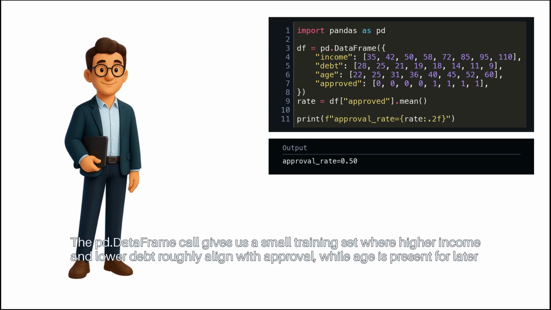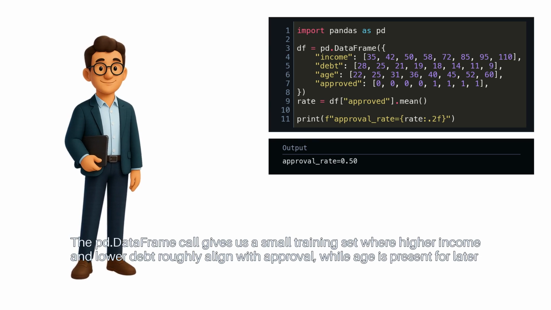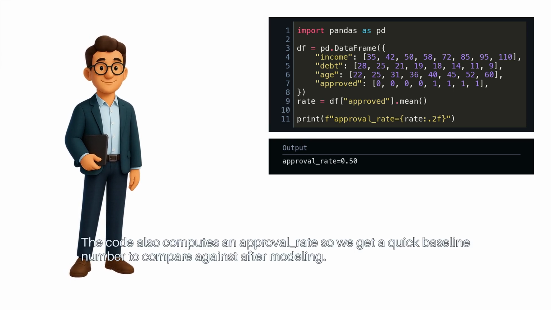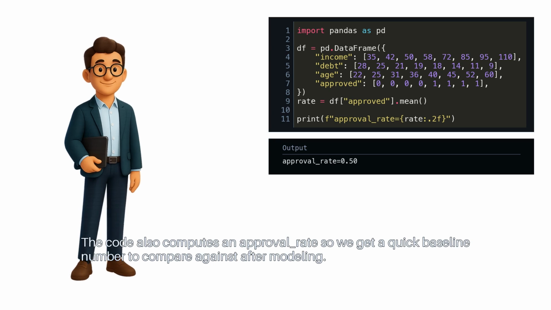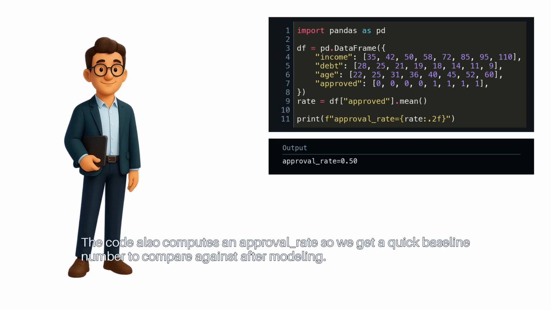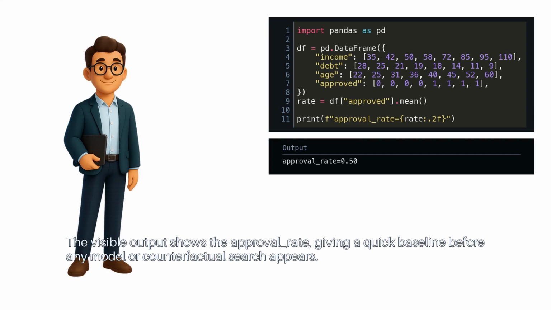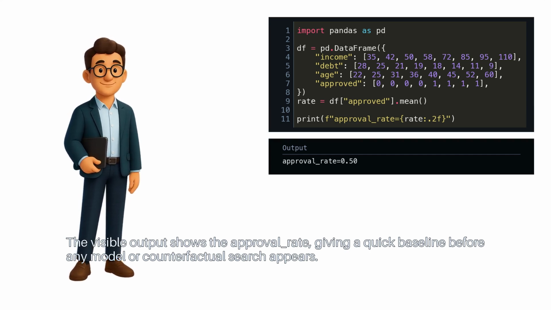The pd.DataFrame call gives us a small training set where higher income and lower debt roughly align with approval, while age is present for later immutability constraints. The code also computes an approval rate, so we get a quick baseline number to compare against after modeling. The visible output shows the approval rate, giving a quick baseline before any model or counterfactual search appears.